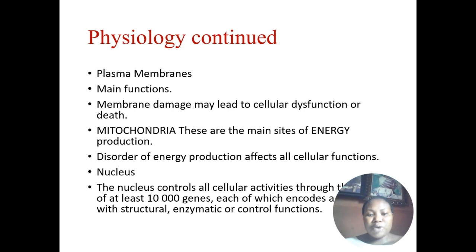So also we are going to talk about all the parts of the cells. Talking about the plasma membranes, damage to the membrane may lead to cellular dysfunction or death.